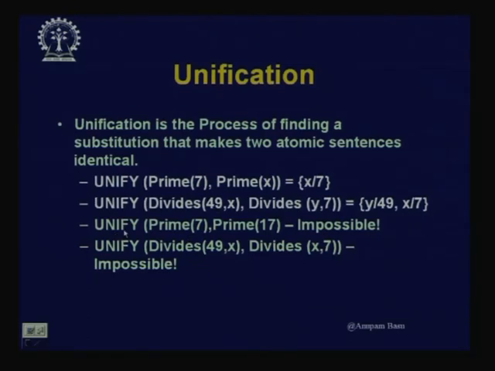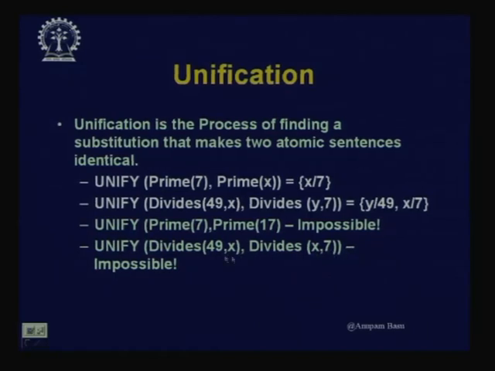On the other hand, you see unify prime 7 and prime 17. It is not possible, because there cannot be any substitution that will change these two constants. Also, the attempt to unify divides 49 x and divides x 7 is not possible, because if I substitute x here with a particular value, I will have to again replace it there.